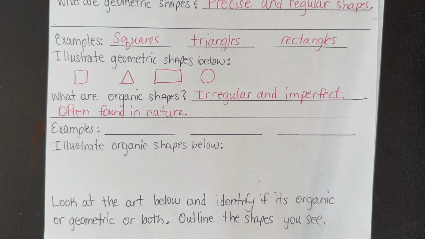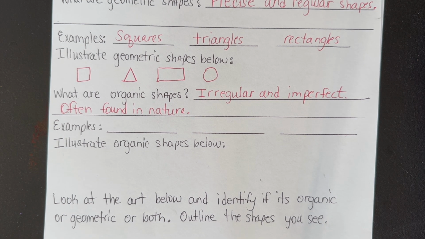So, what are some examples of shapes that you can think of that's found in nature? When you think about what you see outside, what do you see outside? What do we see? This is fall season, so what do we see outside? What is the main thing that you see outside? Trees, right? Falling leaves.